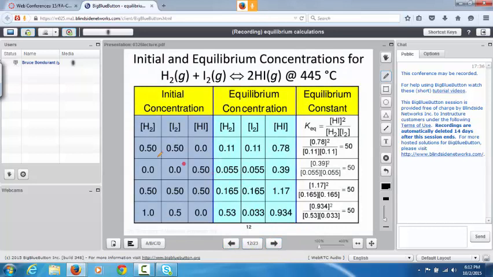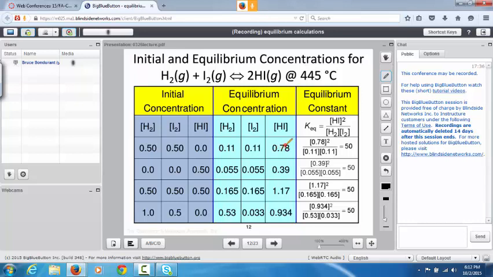So here is a case where you have initial concentration of H2 and I2 reacting to make 2HI. So the equilibrium expression is HI squared. Well, we can measure one of these made. So let's say we measure the HI.